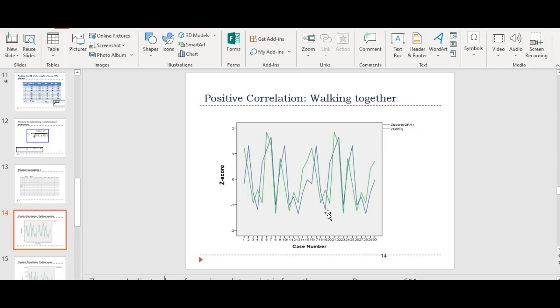Because correlation is all about a pattern, and the ones that don't fall in line with that pattern are considered error, or where we're not predicting as well. In the next segment, I'm going to show you an example of a negative correlation where the variables are walking apart.